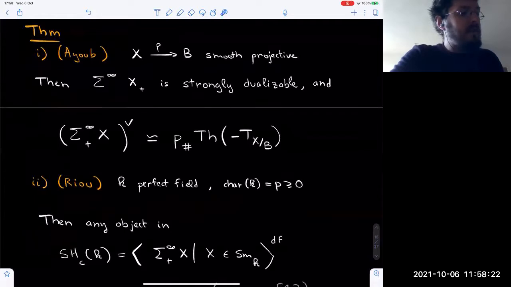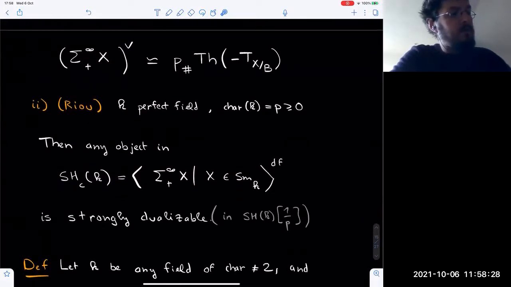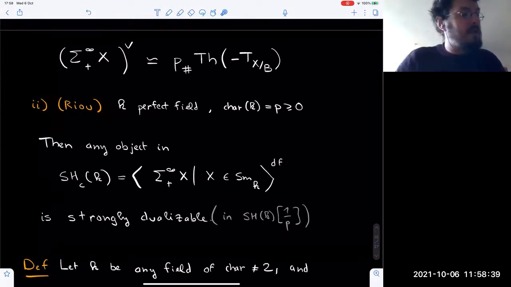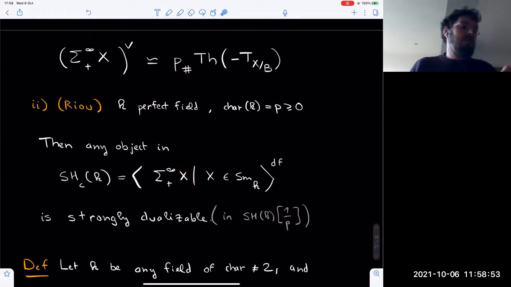As a consequence of this, when you're over a field, you can do much better. Over a perfect field, of some characteristic, any object which is constructible in SH, which means any object that you can construct in the smallest triangulated subcategory, stable by direct factors, which contains the motives or the homotopy types of smooth varieties, is strongly dualizable.